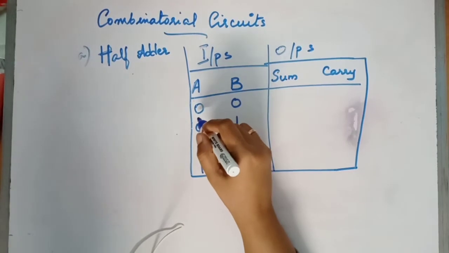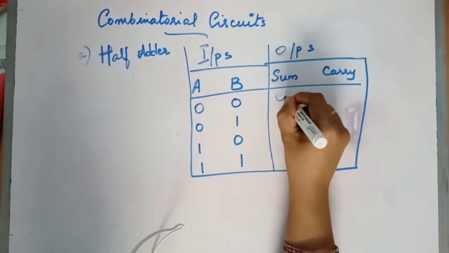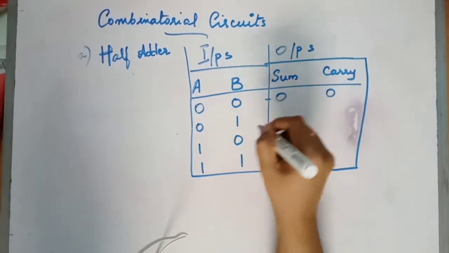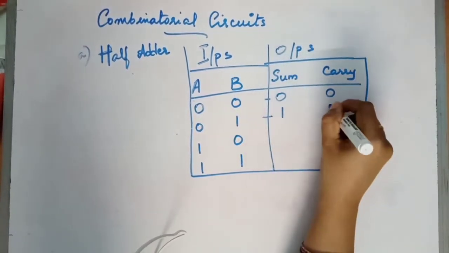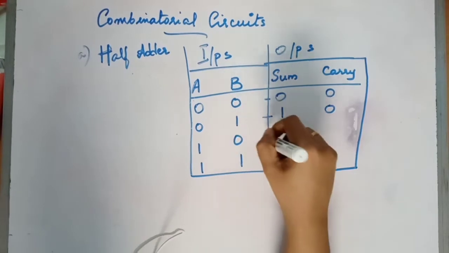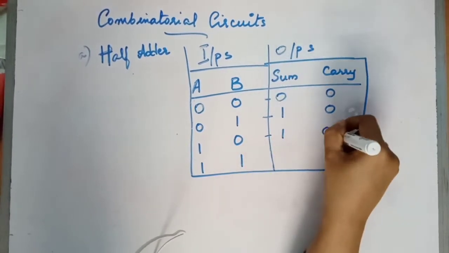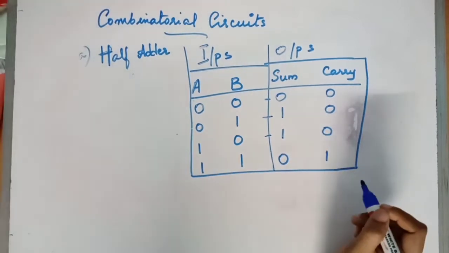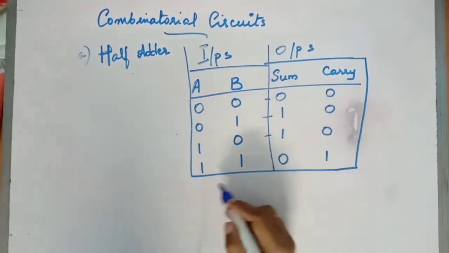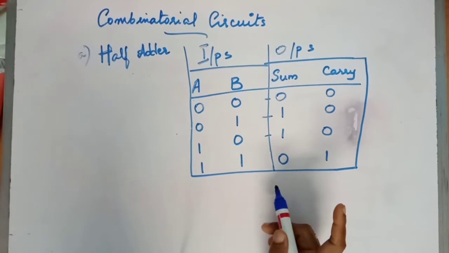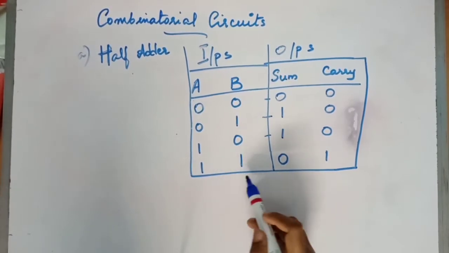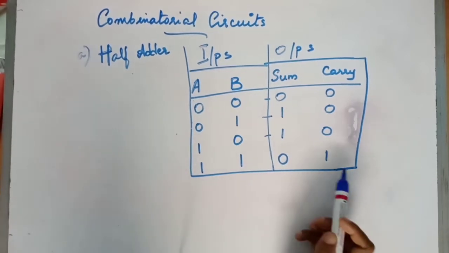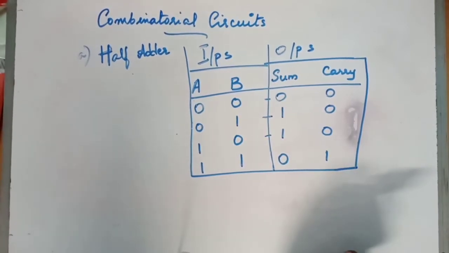So 0 plus 0 is 0, carry is 0. 0 plus 1 is 1, no carry. 1 plus 0 is again 1, no carry. 1 plus 1 is 0, carry 1. 1 plus 1 is actually 1 0, and since this is 1 bit addition, that extra bit is taken as a carry.